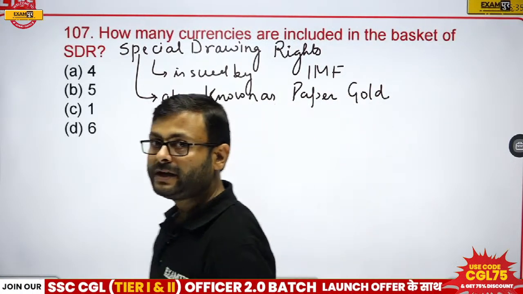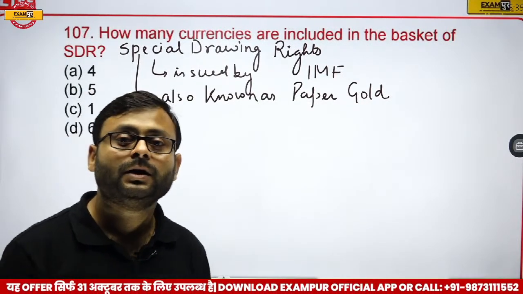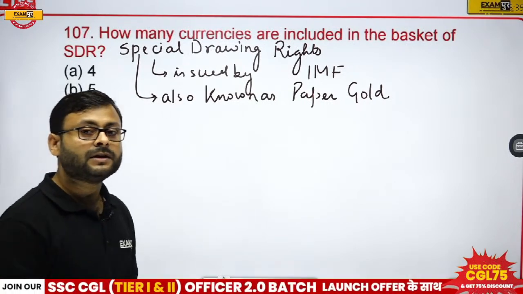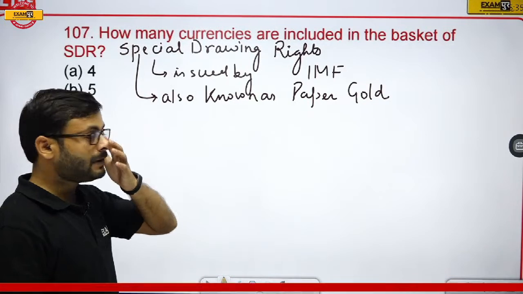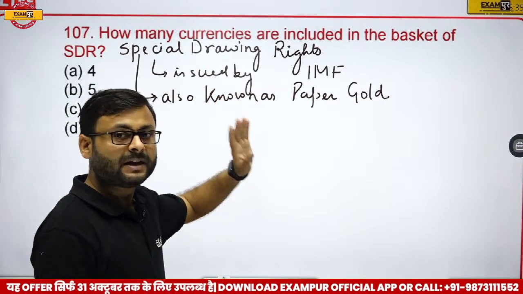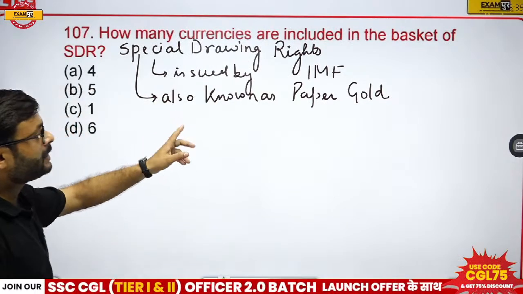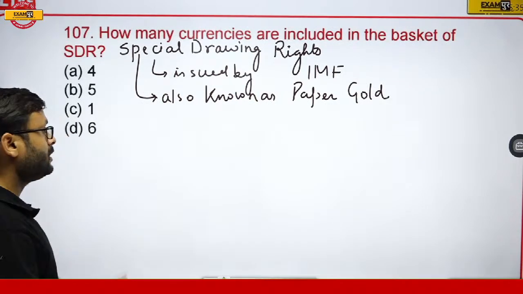If any country is facing a balance of payment crisis, then it can go to the IMF and get help in the form of SDR according to the quota in the IMF, and they can make payment to the country from where they are importing something.